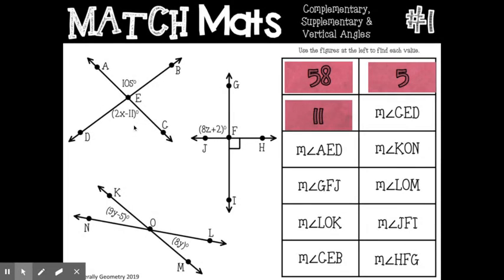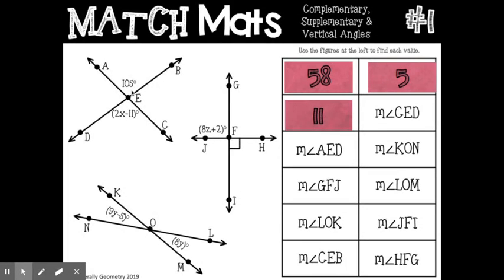Well, how are we going to find the measure for that? We know that this angle, GED, plus BEG would be a linear pair. But we also know that vertical angles are the same measure.